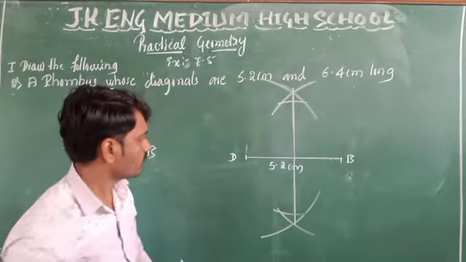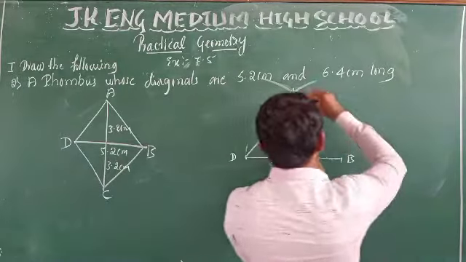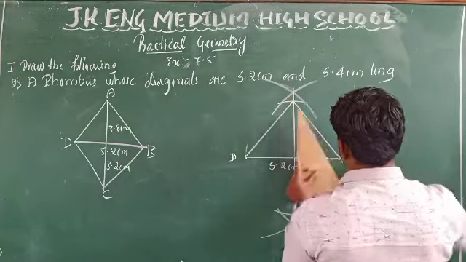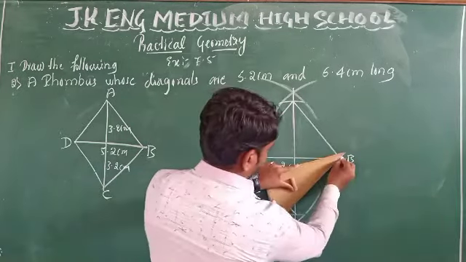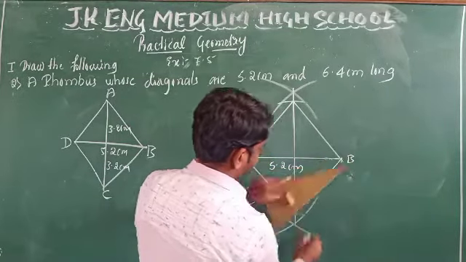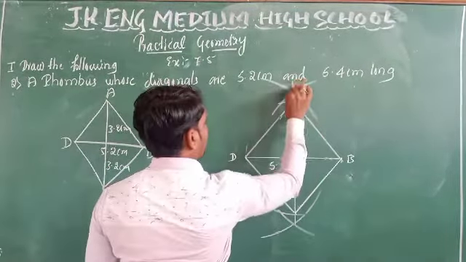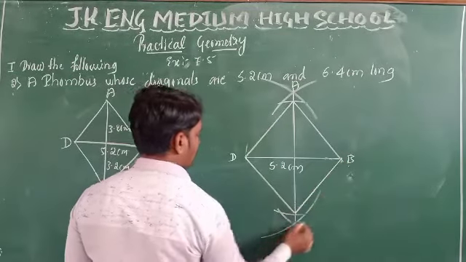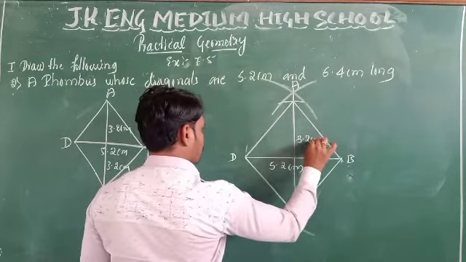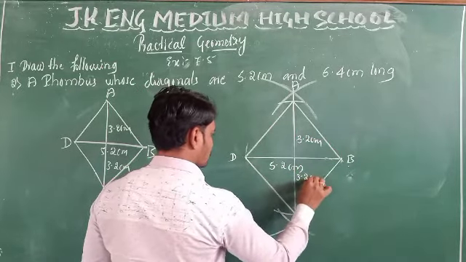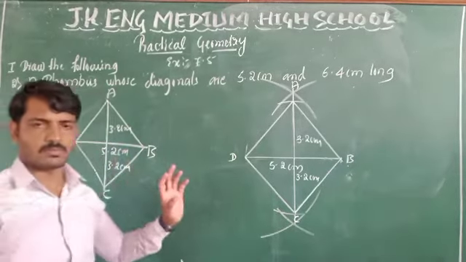Now join these points from here to here, from this side to this side. So this is our required rhombus. A, B, this is C and this is D. 3.2 centimeter. 3.2 centimeter. So this is our required rhombus.